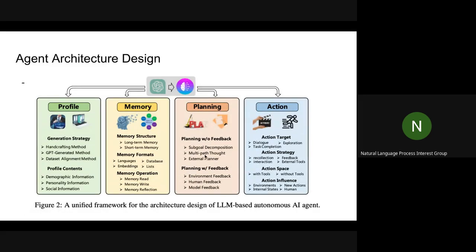And then planning, 2 different overall areas: planning with and without feedback. Without feedback is like your chain of thought, where you give it a goal, and based off of that goal, it comes up with a plan. There's no real feedback in that plan. It just came up with what it thought. This also has chain of thought, tree of thought, and external planners.